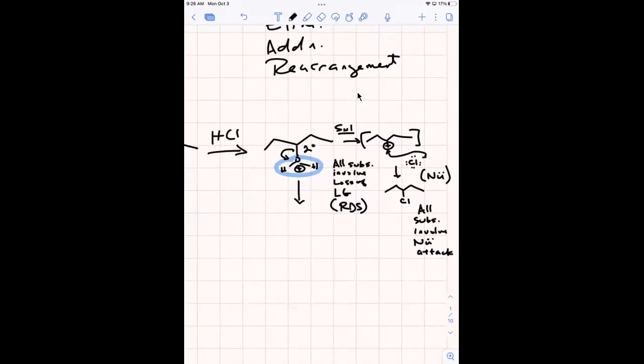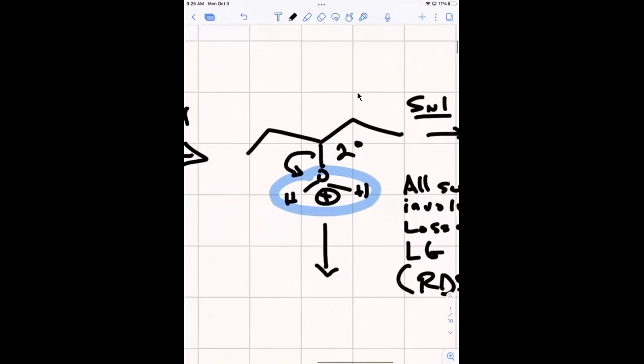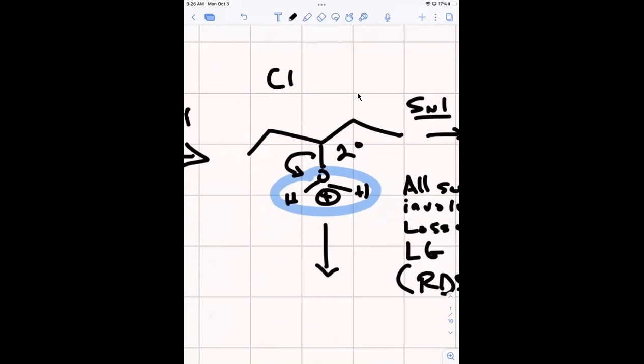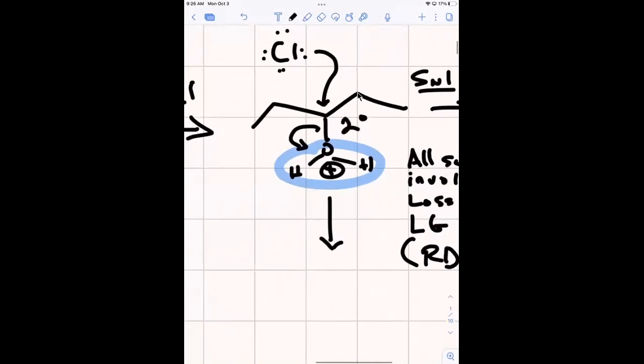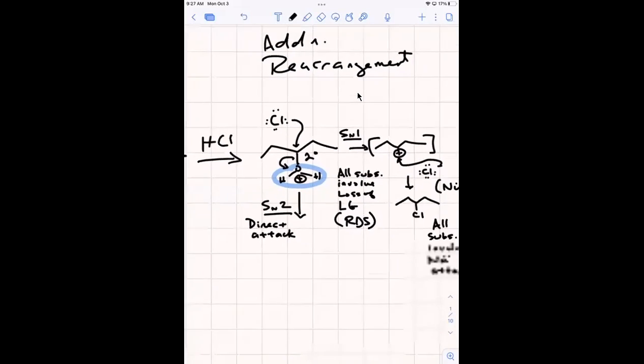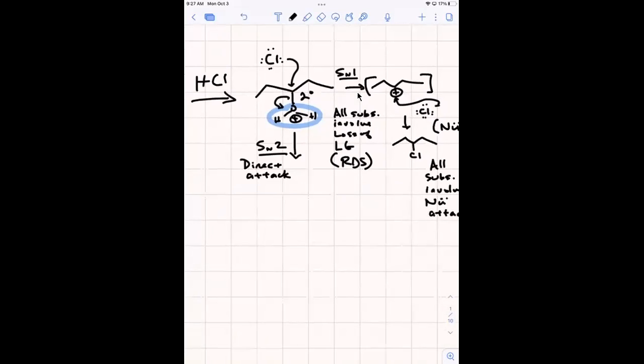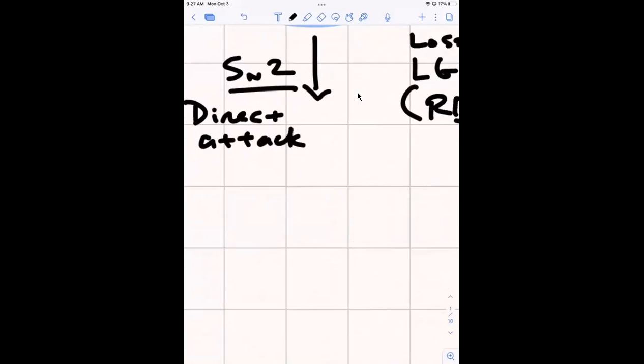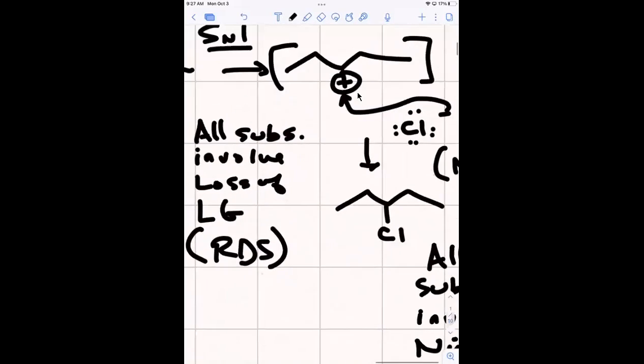If the chlorine attacks directly, then it will be considered an SN2 type substitution. We talked about this before. This is concerted.